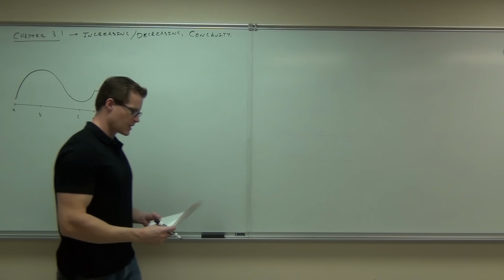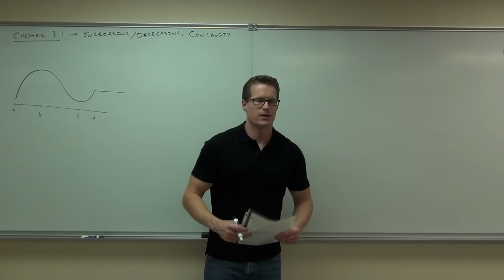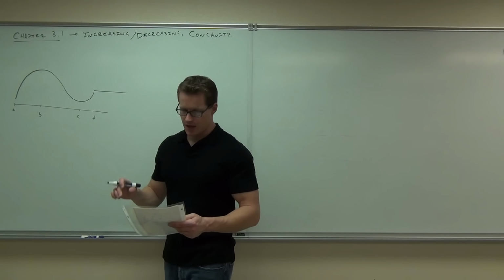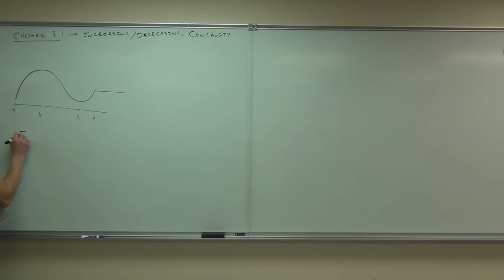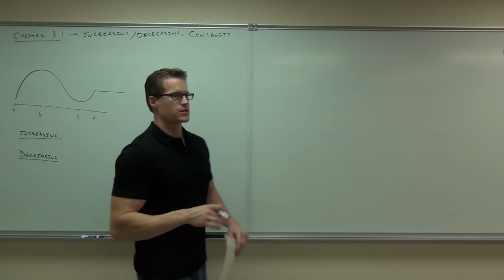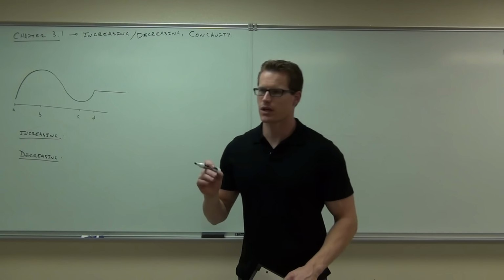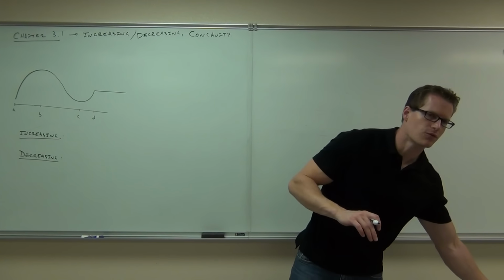What I'd like to find out is where this is increasing and where this is decreasing, and more specifically, what the slope is doing on those intervals. And that's kind of important for us.